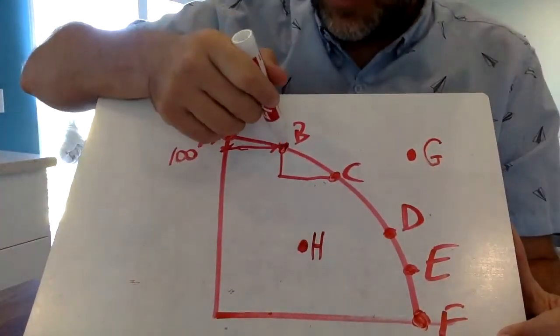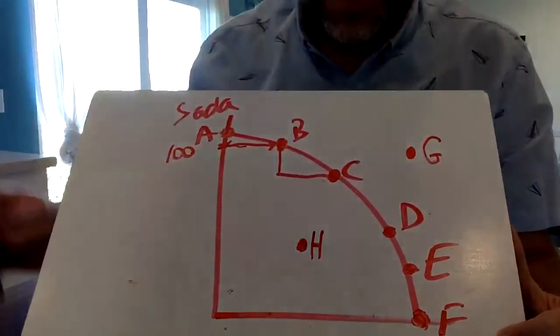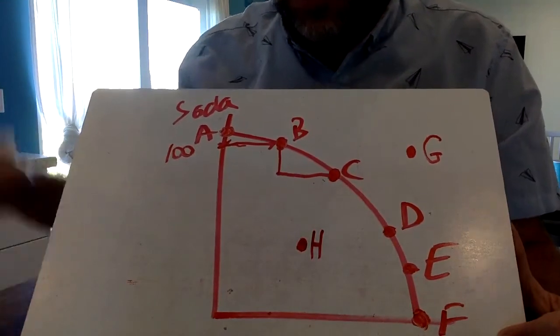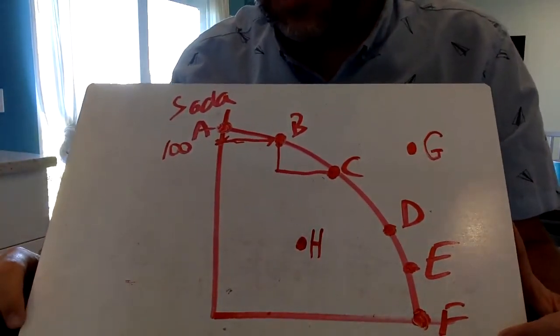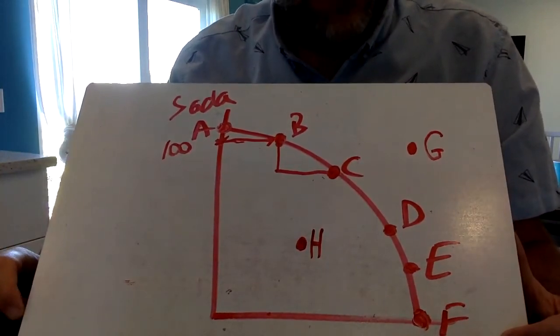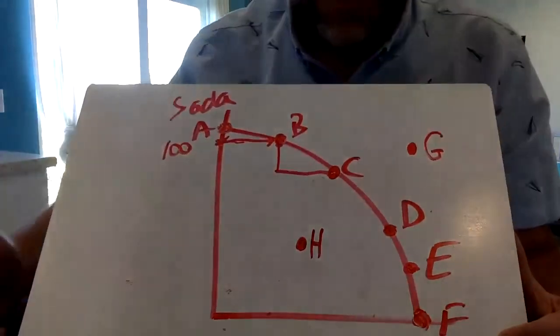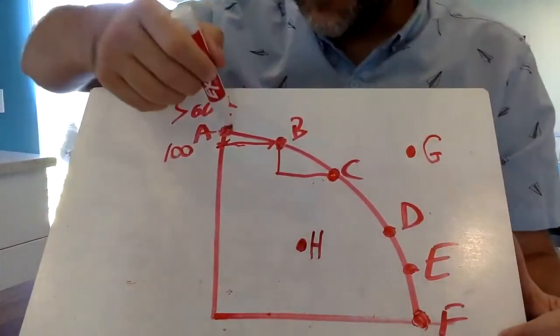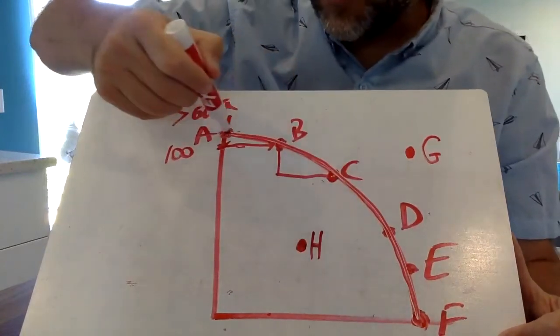Maybe this is not the best combination right here. Maybe C is the best combination: 500 cups and 85 liters of soda. Maybe that's our best combination right there. So that's allocative efficiency. Whatever's best for the given society is the allocative efficiency. But productively efficient, that's easy to find. It's any point that's on the curve right here.